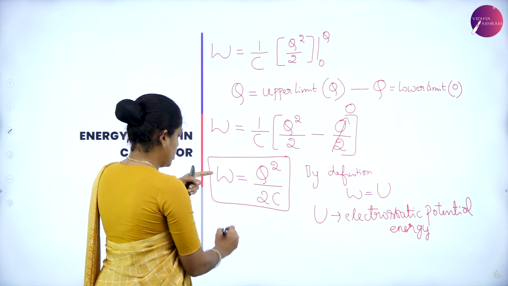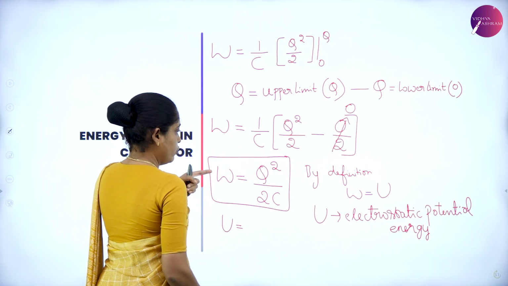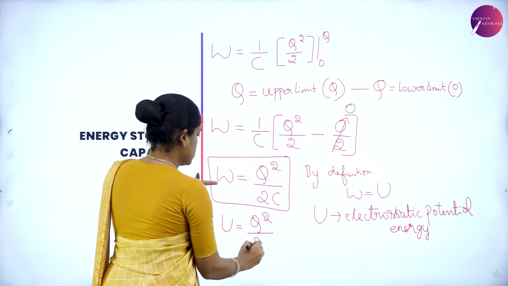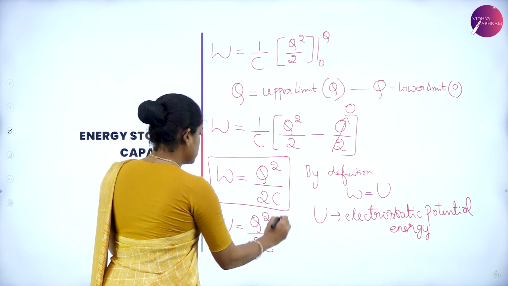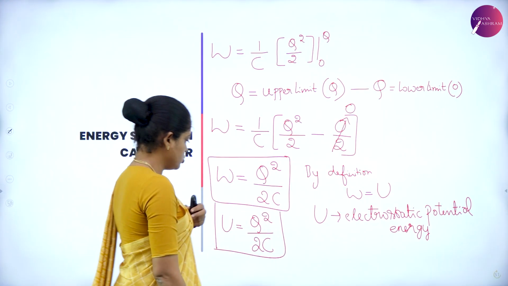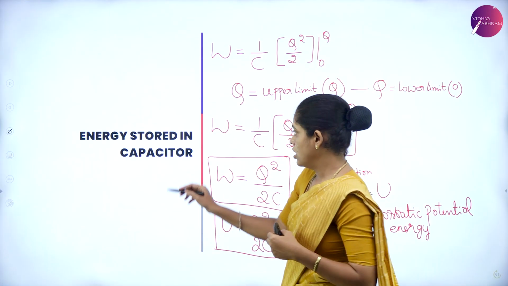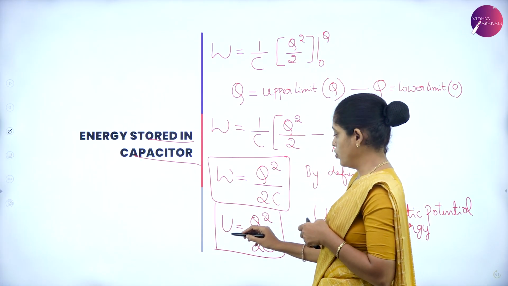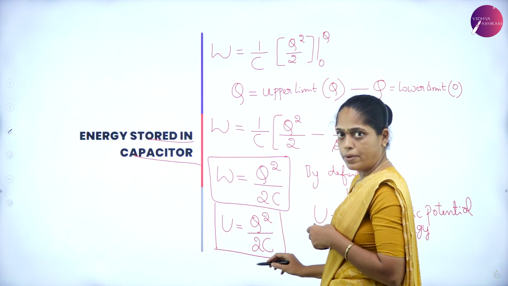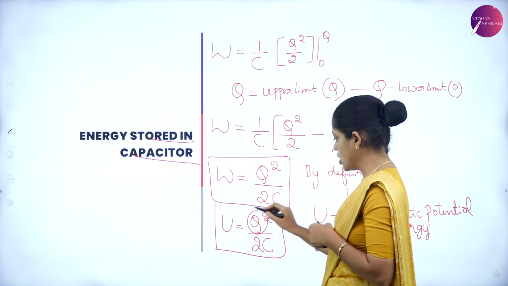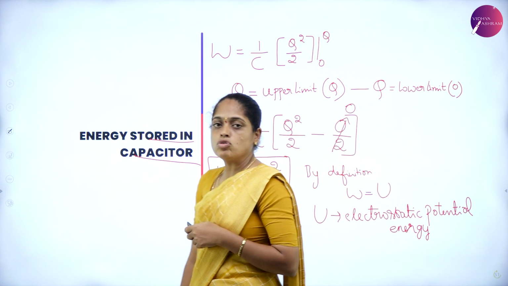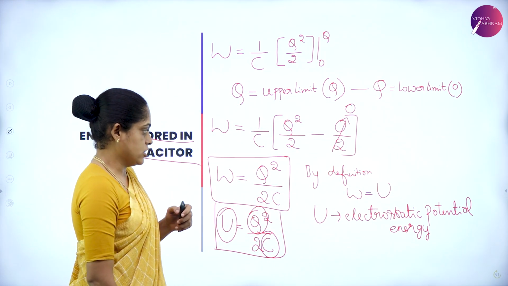Therefore, W is replaced by U. U is equal to Q square by 2C. So, what is the expression for the energy stored in a capacitor? The expression is U is equal to Q square by 2C, where Q is the charge, C is the capacitance, and U is the electrostatic potential energy.